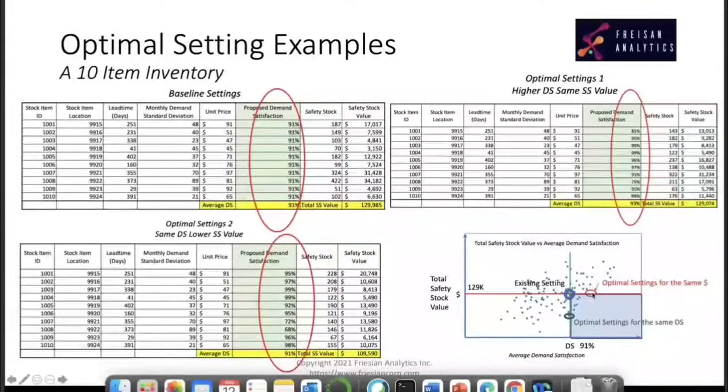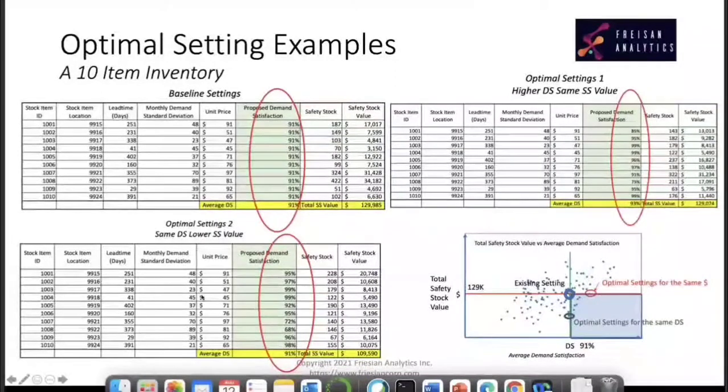The red circle is on this red line, meaning the same total amount, but it's on the right side of the blue circle. It means it has a higher 93 average DS. So it's like we get those higher DS for free, right? We don't spend more money, but we increase DS by 2%.